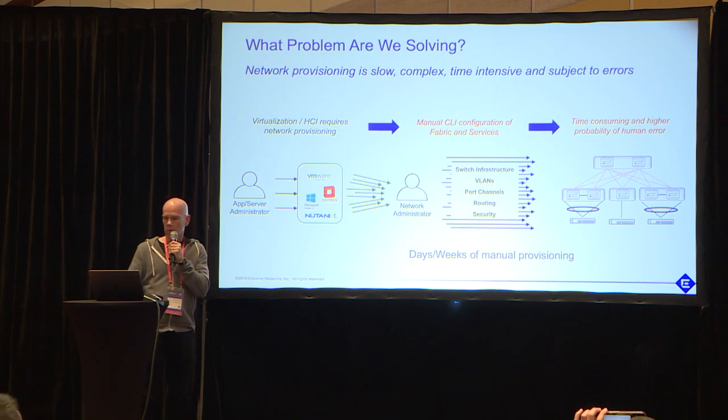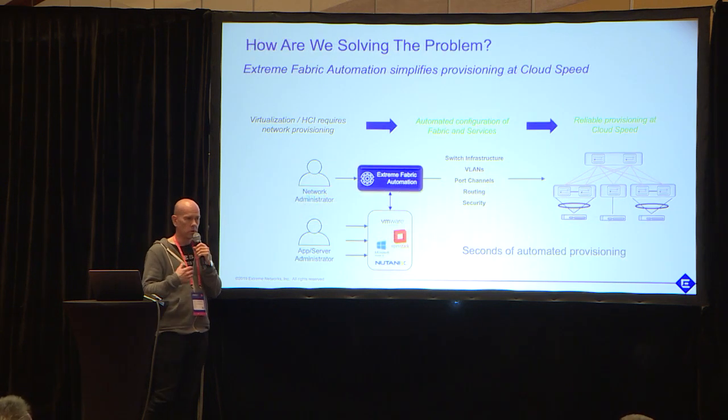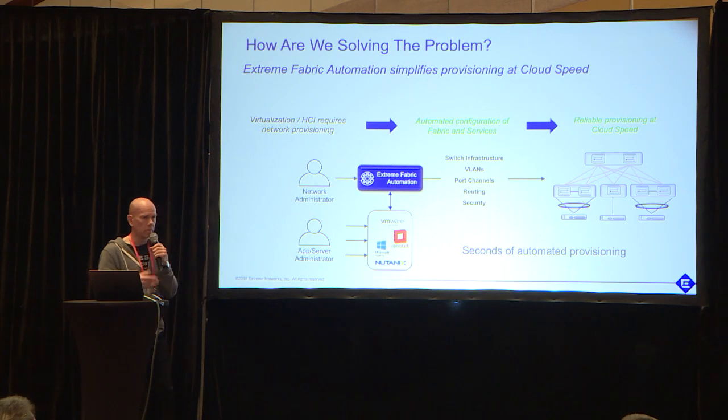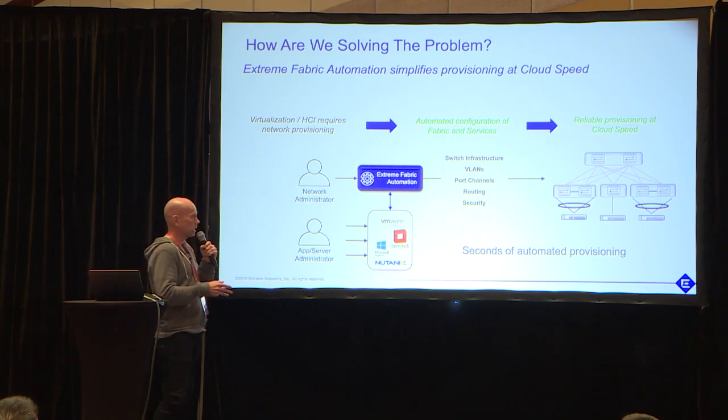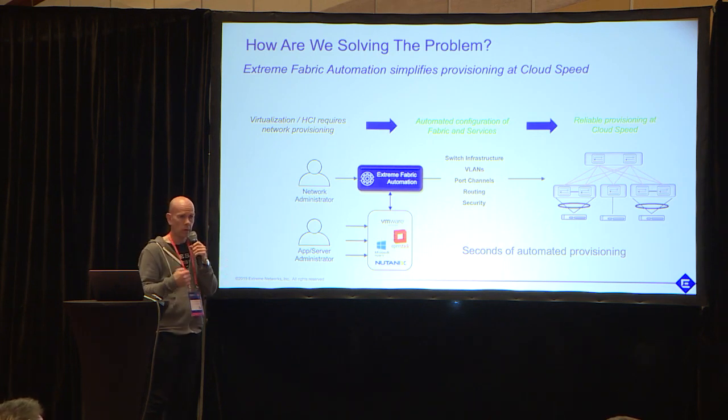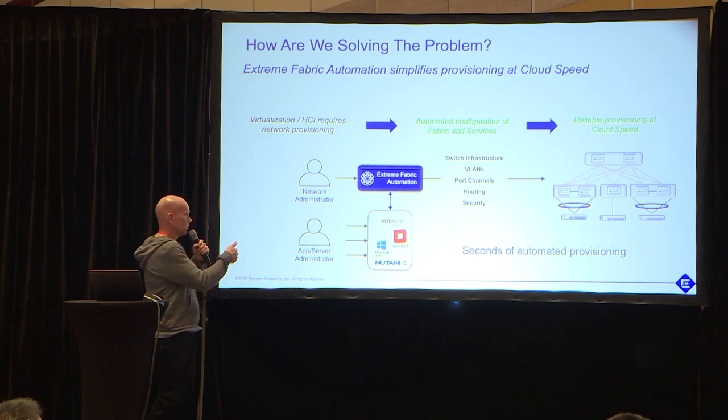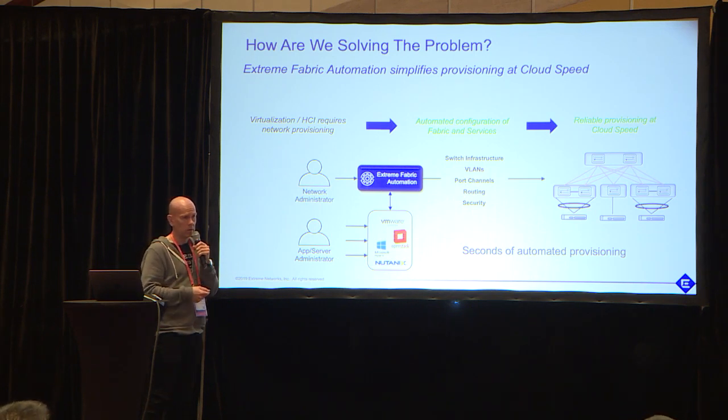Now, we are trying to solve this problem by introducing something called Extreme Fabric Automation, which, as a platform or an application, provides connectivity for your network admin, as well as for your app, platform, and server administrators.